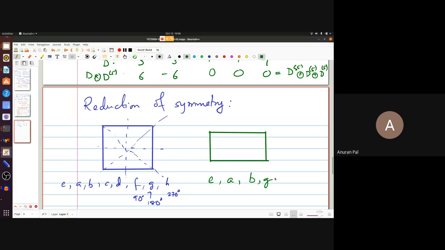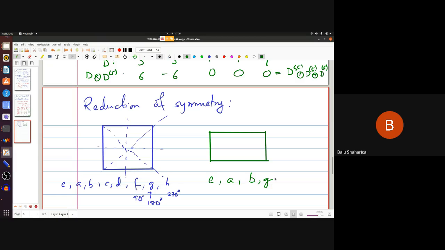The original square had 5 irreducible representations, right? How many does this one have? 3. Why did you say 3? Which ones are the classes?